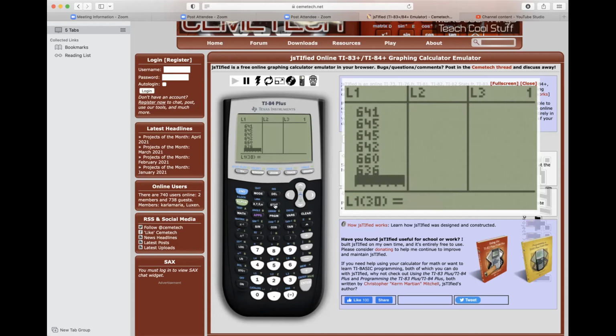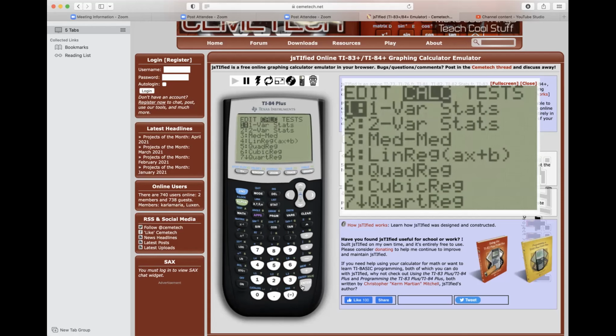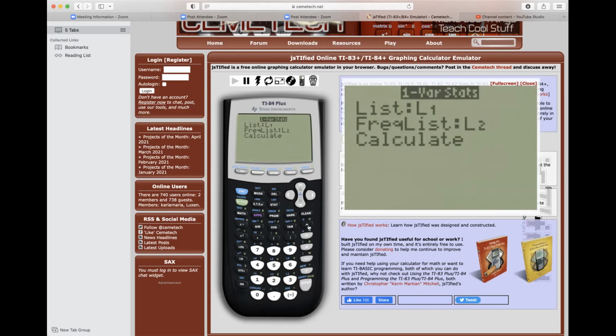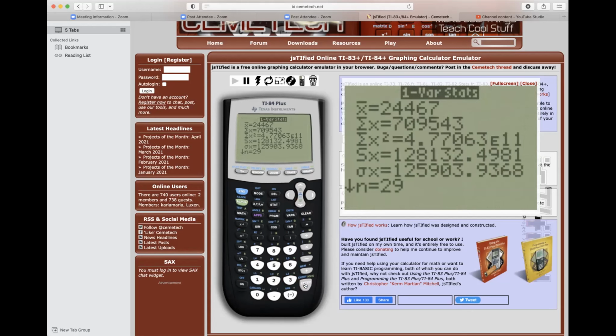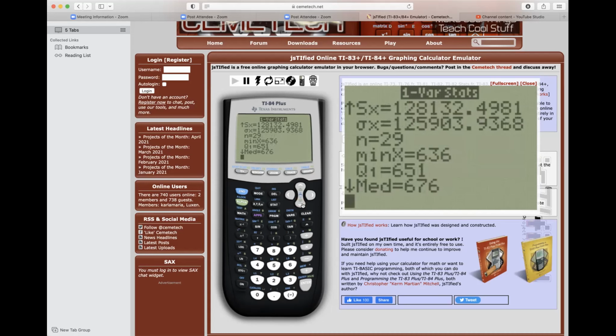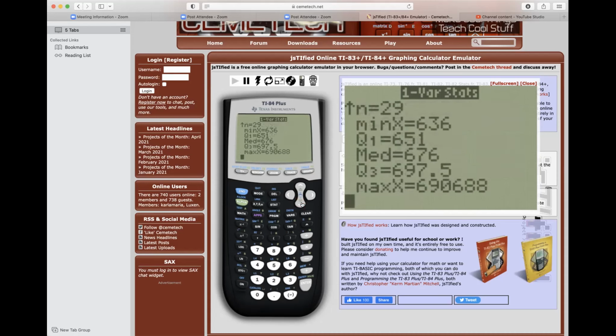So you can do this, right? You go here and make sure that you delete this part because that's for expected value. So you clear that up. So that's it, L1. So that's the mean. The mean we have is 24,467. The median, or Q2, let's see what it is. The median is 676. And you need the sample standard deviation.